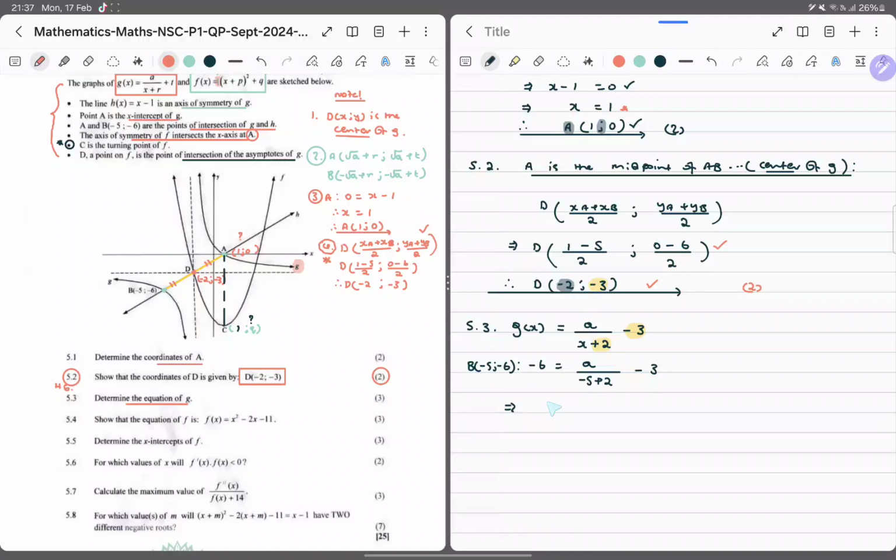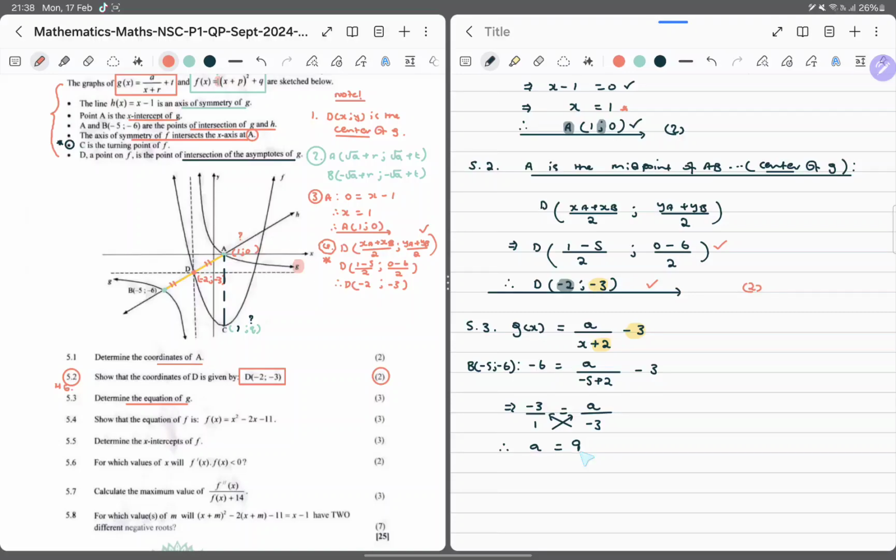Now this implies we transpose the 3: minus 6 plus 3 is going to be minus 3 over 1, equals A over minus 5 plus 2, which is minus 3. Then we cross multiply. We can confirm that our A is equal to 9.